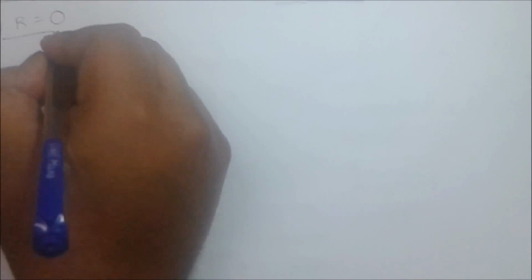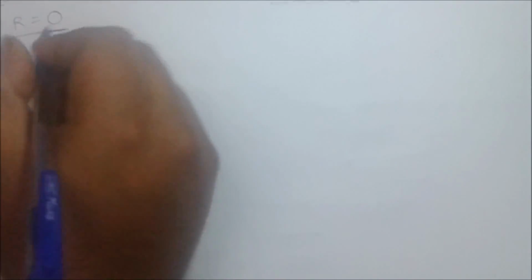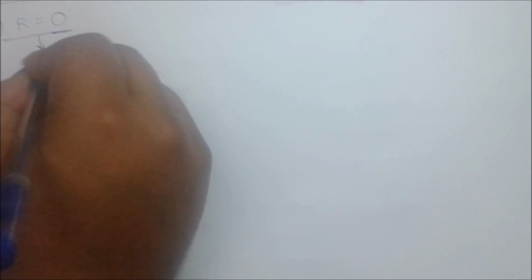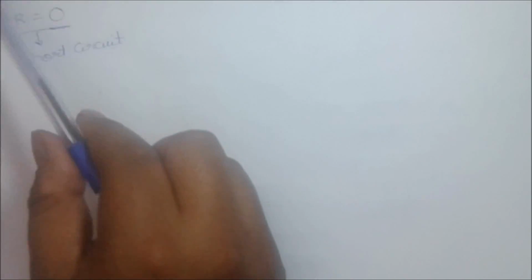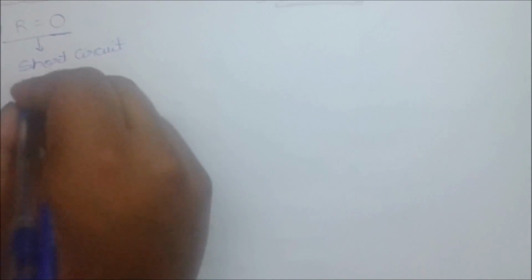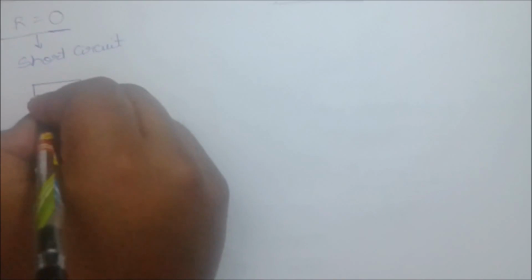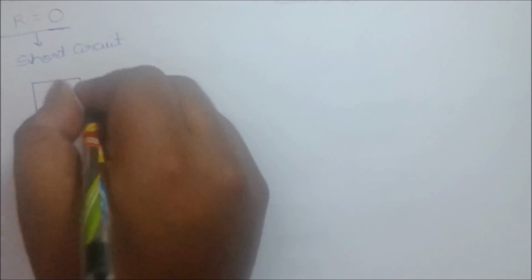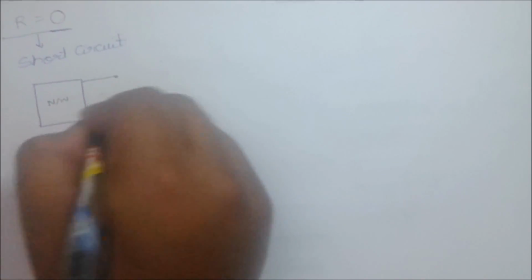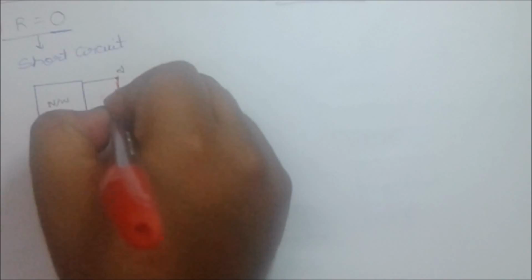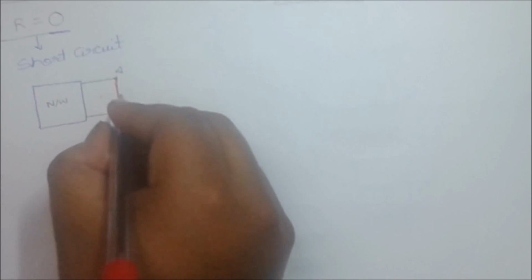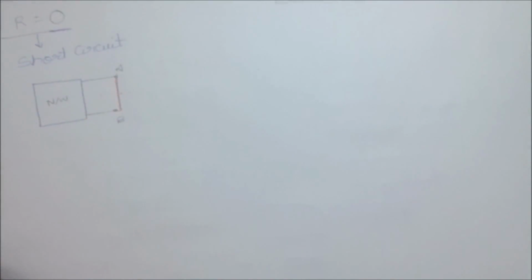When resistance is equal to 0, it is known as short circuit. Zero resistance means just a connection of wire. Suppose this is our network or circuit. Zero resistance between terminal A and B means just connecting these two terminals by a wire. This means a short circuit. Short circuit means 0 resistance.